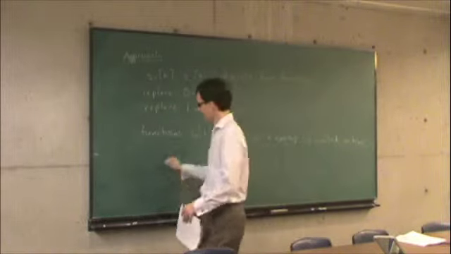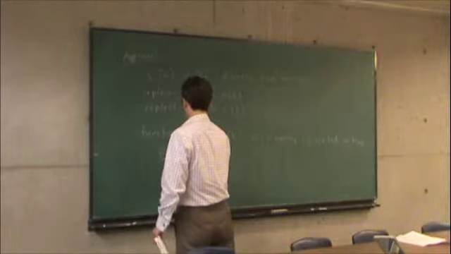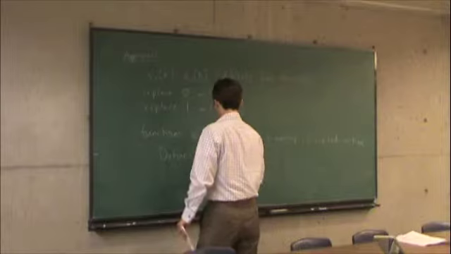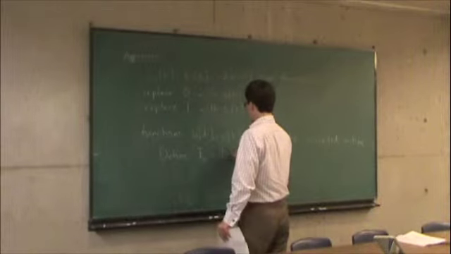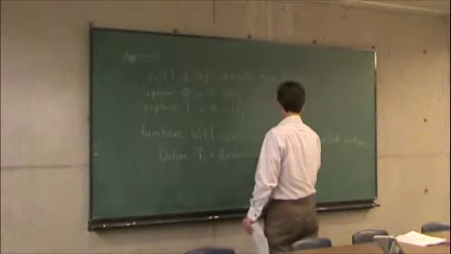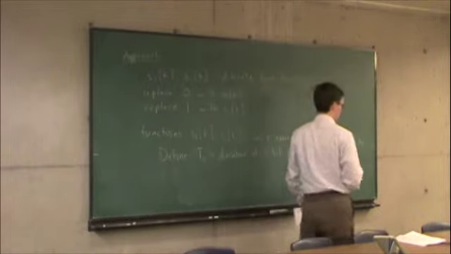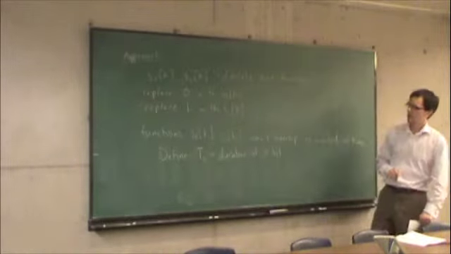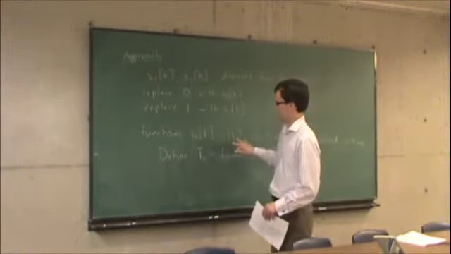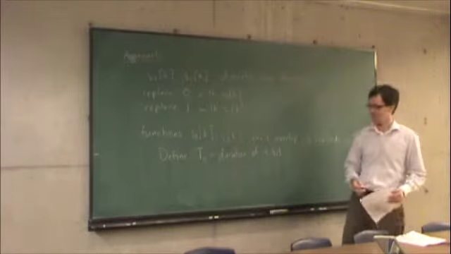Define T sub b as the duration of a bit. So in other words, T sub b is the length of time during which S0 or S1 can be non-zero.